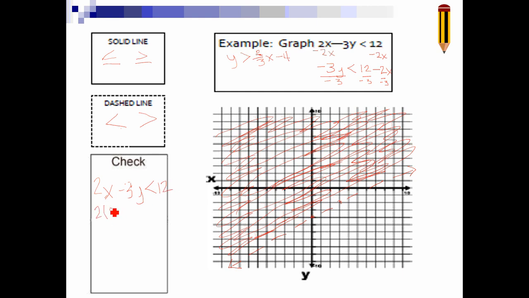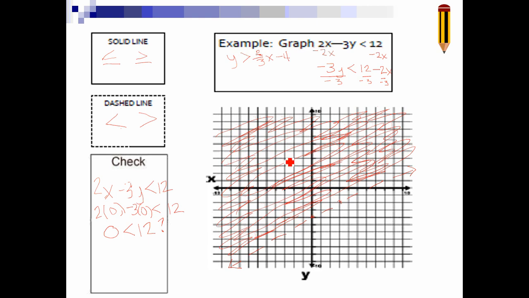So 2 times 0 minus 3 times 0 is less than 12. 2 times 0 is 0, 3 times 0 is 0, so I'd have 0 on this side. Is 0 less than 12? That's what we're checking. And the answer to that question is yes. Because that 0, 0 point worked, it should be shaded, and that is what we have. That means our shaded region is correct.